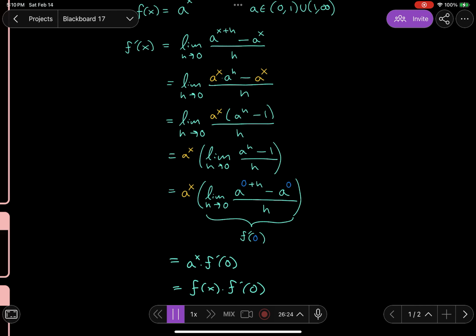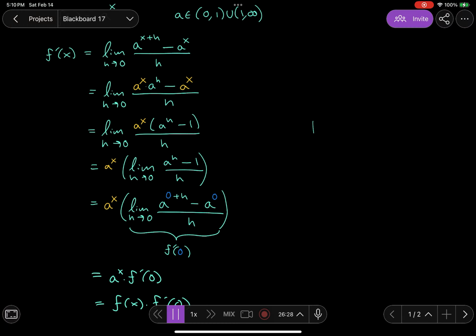So let's just grab the number that does that. In other words, by definition, e is the number such that this limit, when I replace a with e, is the fancy number a such that this limit is equal to 1. So with e, we're choosing the number that forces this to occur.